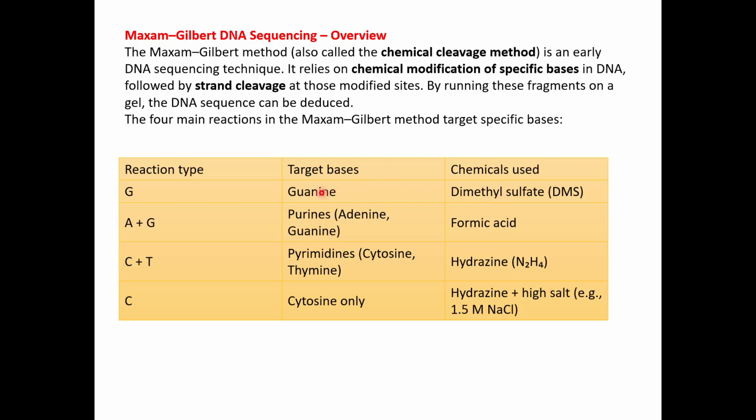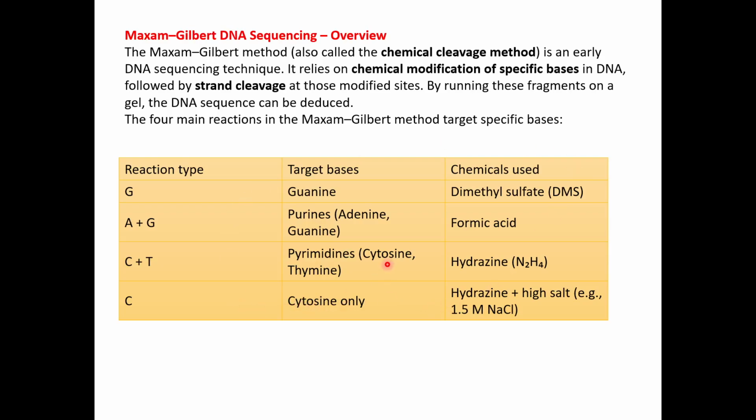Dimethyl sulfate targets guanine. Formic acid targets both purines, adenine and guanine. Hydrazine targets both pyrimidines, cytosine and thymine. And hydrazine in high salt concentration, like 1.5 molar NaCl, targets only cytosine.